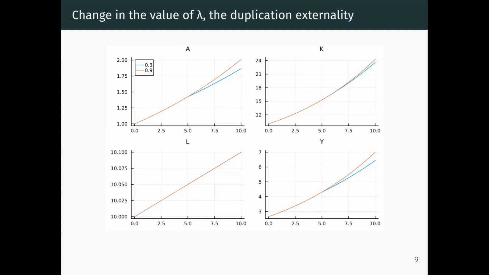And in this new simulation we change the parameter lambda here to 0.3, so to a lower value, which means there's more duplication in research efforts, and this then leads the economy to a lower growth trajectory. You can see that the stock of technology that is available in the economy does not increase that fast, and we see a similar picture here again for output and capital.